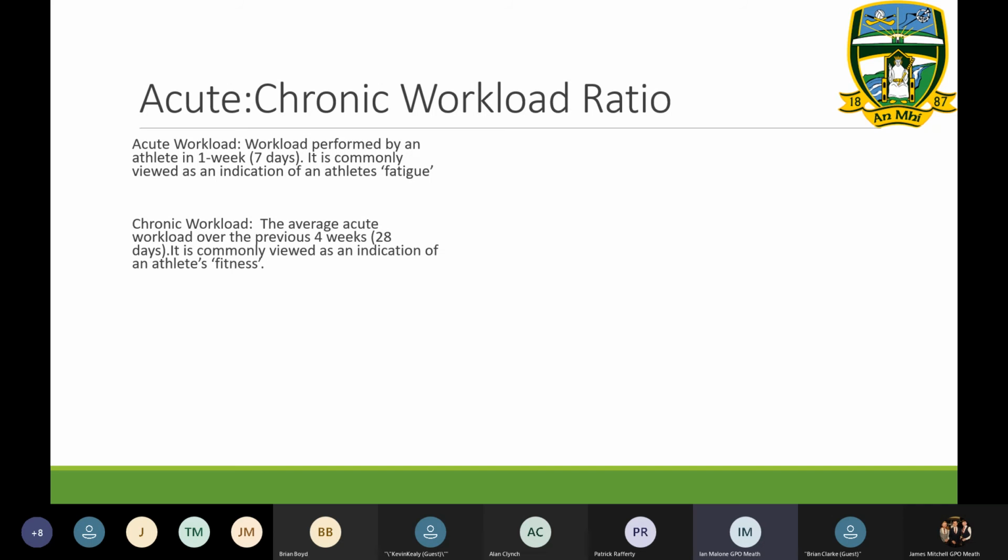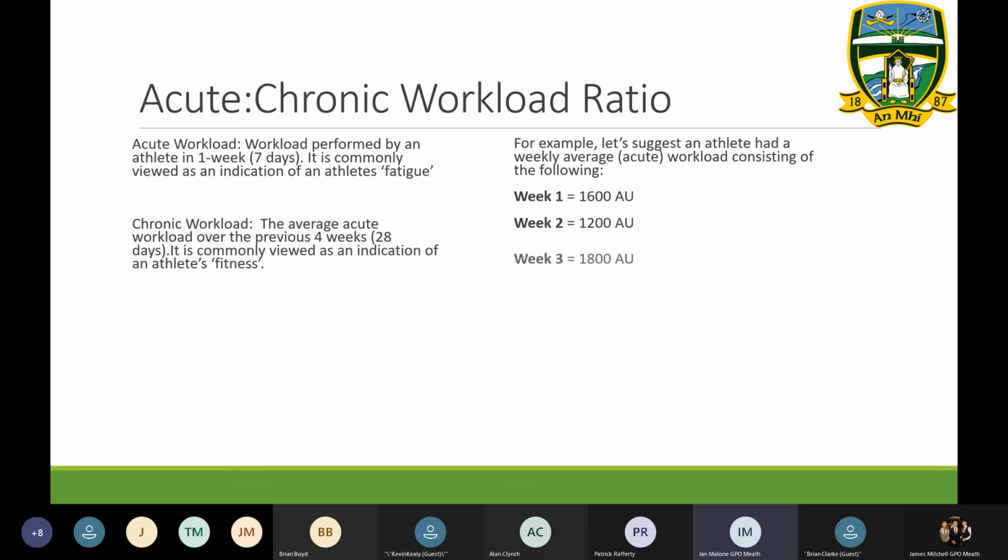So in your 28 days, you've obviously got four numbers for your acute workload. We'll go through them now in a second. Quick example, if an athlete has a weekly average consisting of the following: week 1, 1,600 arbitrary units; week 2, 1,200; week 3, 1,800; and week 4, 1,400. What you do is very simple.